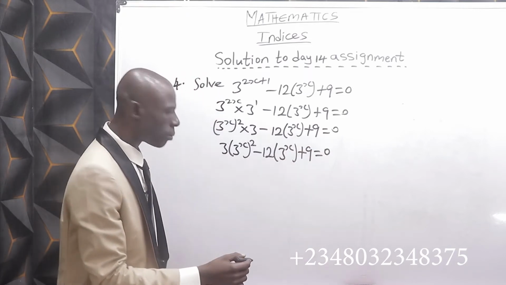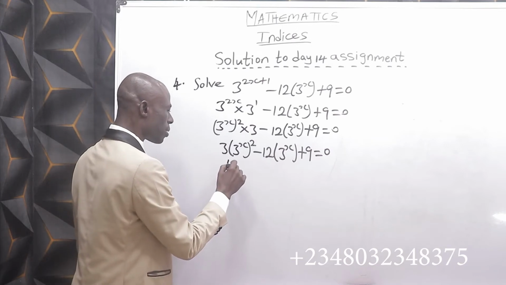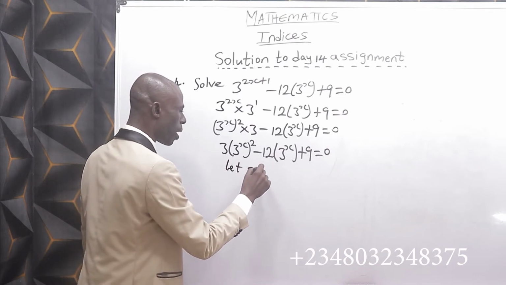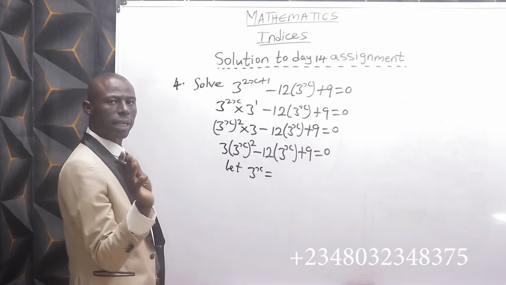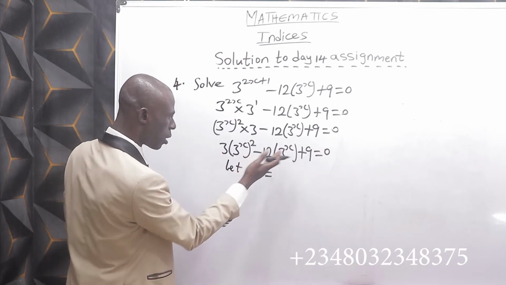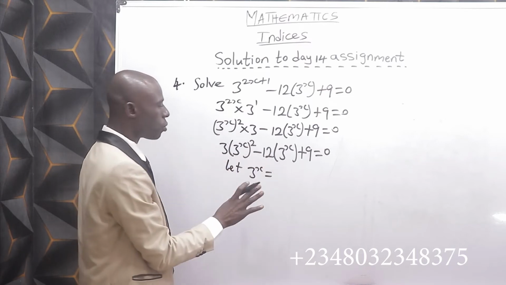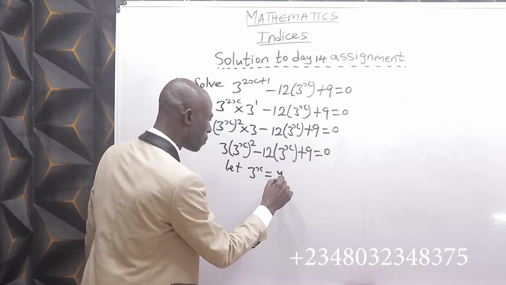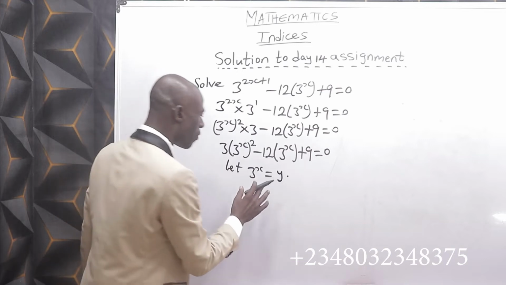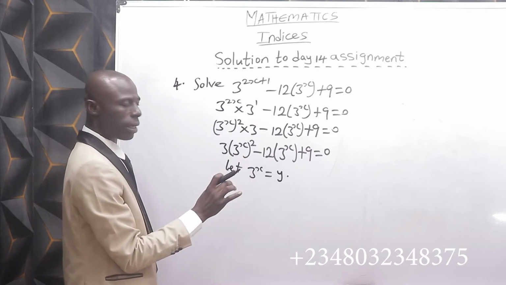Are you following? So let 3 raised to the power x be equal to something, a letter that is unique, that is not represented here already. No, x is represented here already, so don't use x. So I use y. So wherever I see 3 raised to the power x, I put y in place.